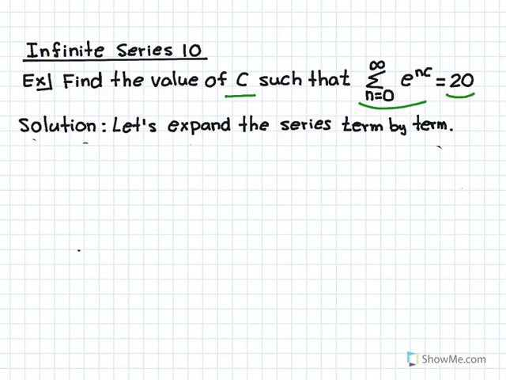And so the first thing we want to do is expand this series term by term. So we have the summation n equals 0 to infinity of e to the power of nc.